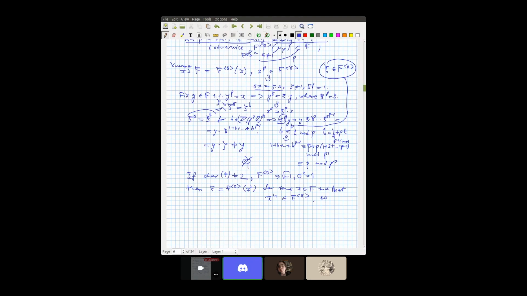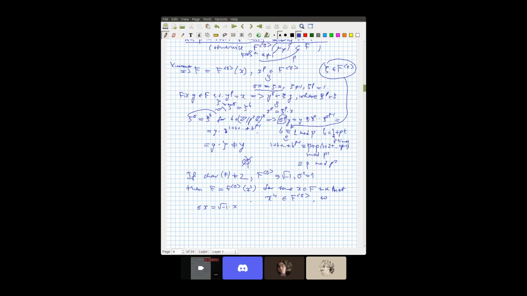Such that sigma x is some square root, you see it is fixed. The fourth power is fixed by sigma. So sigma x is x times a certain square root of -1.